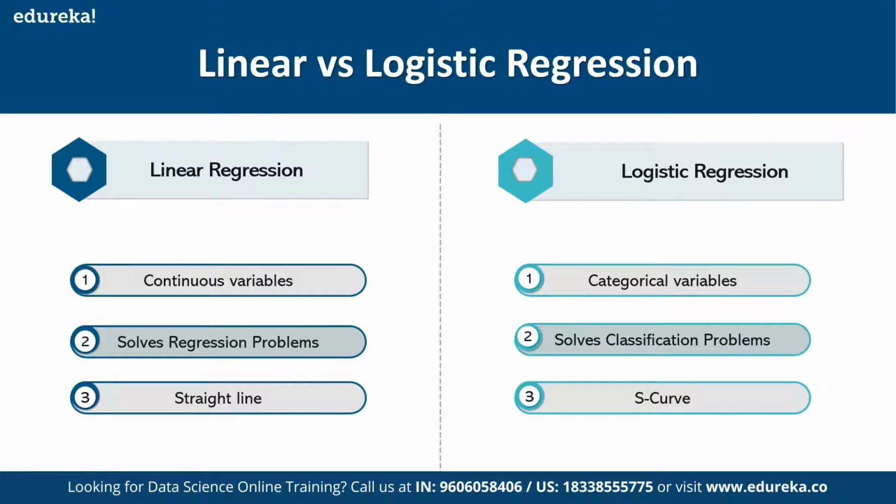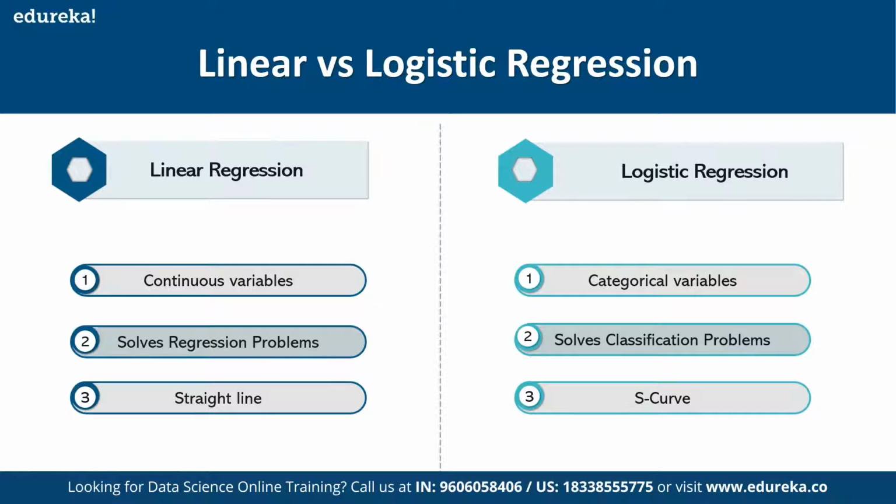Logistic regression solves classification problems, like whether it is going to rain or not, whether there's going to be traffic at a particular signal or not, or whether it's a cat or dog picture.